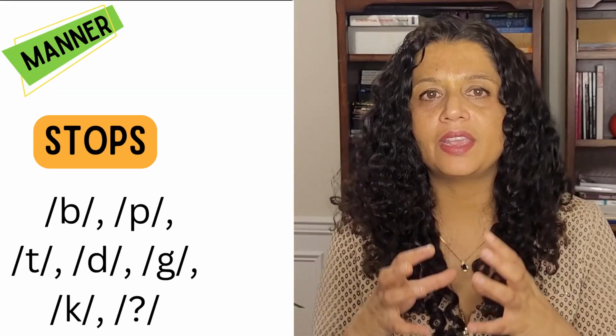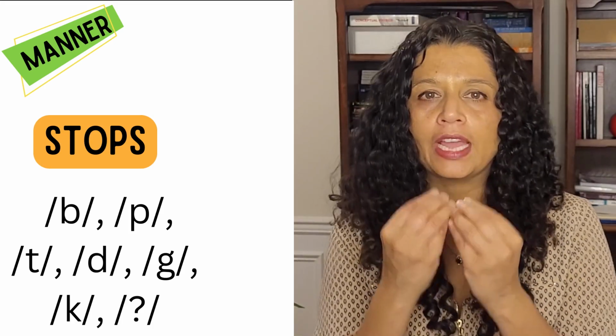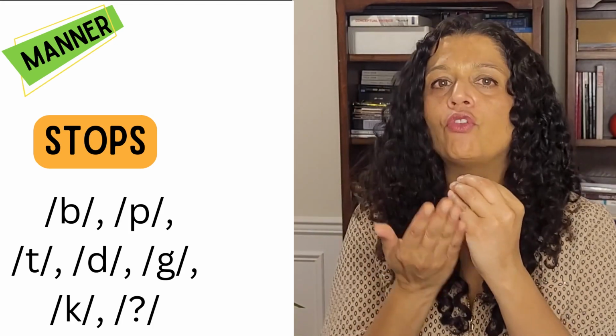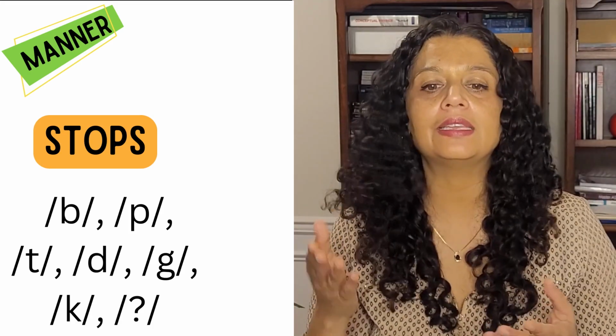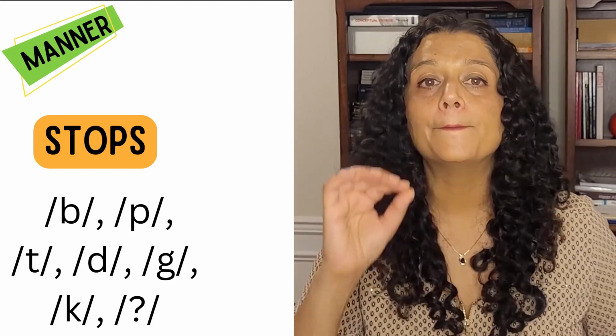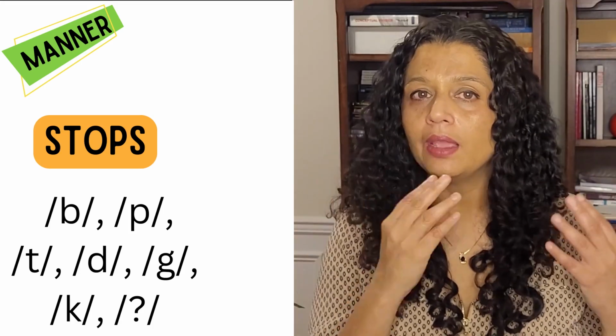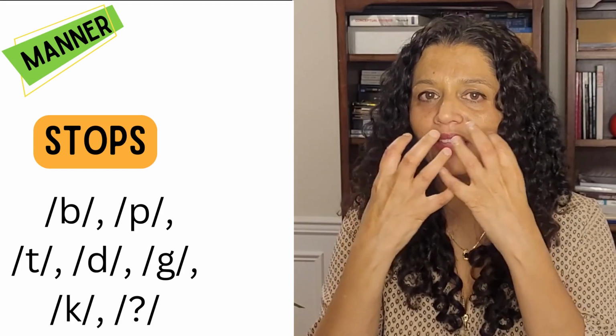A stop is characterized by complete closure of the vocal tract, so that tension builds up right behind the place of constriction. Let's take an example. If you take the first stop listed there, b, think about what you're doing. There's no airflow.